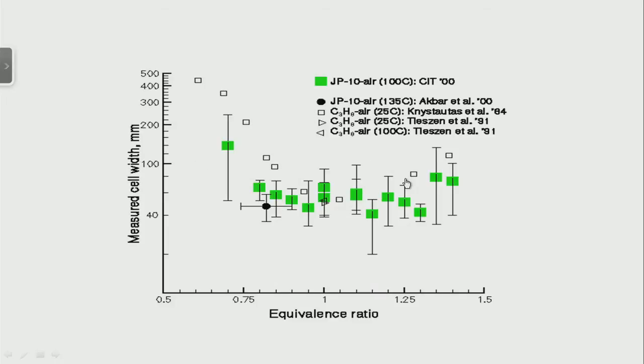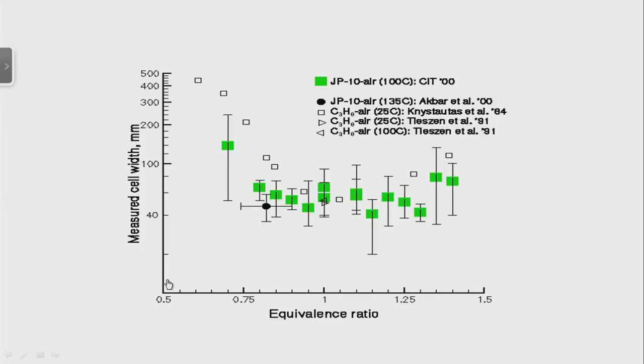And this is Shepherd's data, the measured cell width as a function of the equivalence ratio, where 1 corresponds to stoichiometry. If I talk in terms of hydrocarbon mixtures, the cell size could be as much as 4 to 40 centimeters, depending on the conditions, depending on the equivalence ratios.